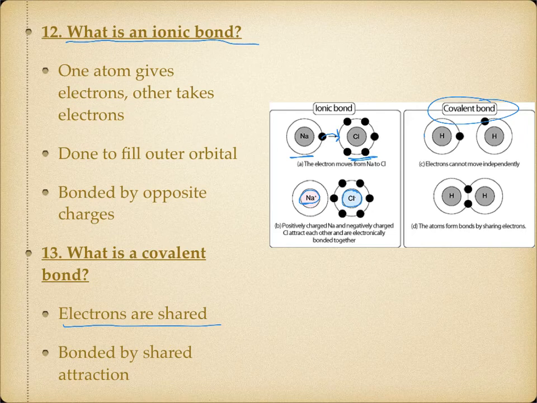So if these atoms share these 2 electrons, meaning they're going to spend time going around both nuclei, this is forming a covalent bond, and they are bonded by this shared attraction. So the atoms are literally stuck together because of these electrons being shared.